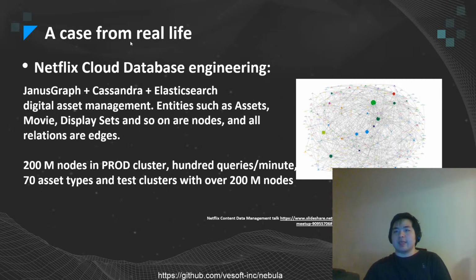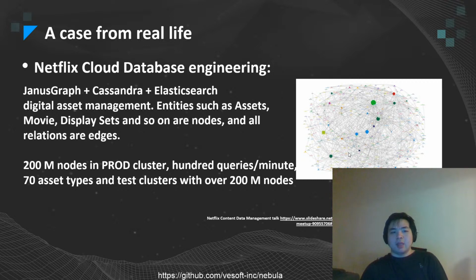Here is a real-life case. You can check the link for more diverse slides. Here, Netflix used their cloud database to store digital asset information and to manage different kinds of digital asset entities, such as movies, display sets, and so on.